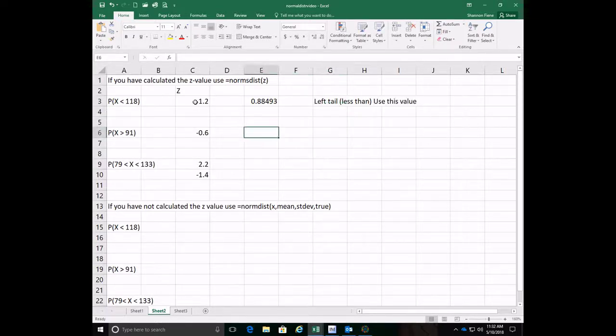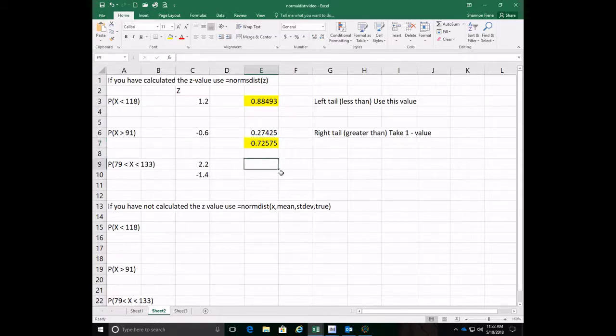All right, I'm going to repeat the process here. Equals NORM.S.DIST of negative 0.6, okay, and it gave me the value that we got from the chart, but remember that this is a right tail, in other words it's greater than, so we take 1 minus the value. So my answer is going to be equal to 1 minus this. Okay, I'm just going to highlight our answers here so that you can see them, and that's what we got.